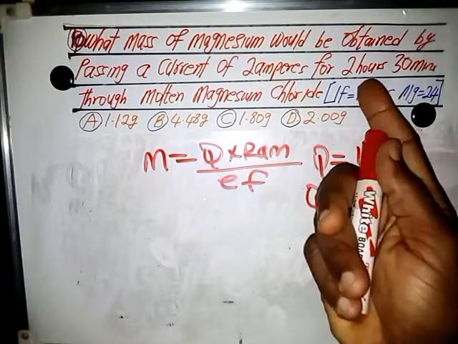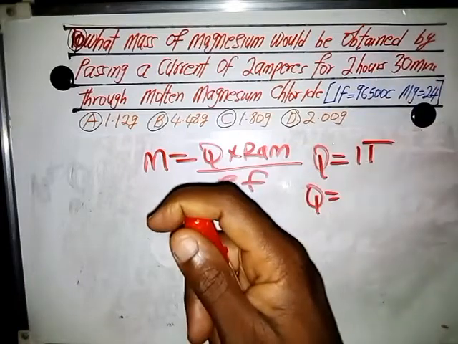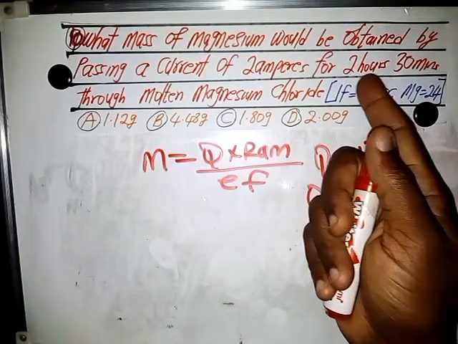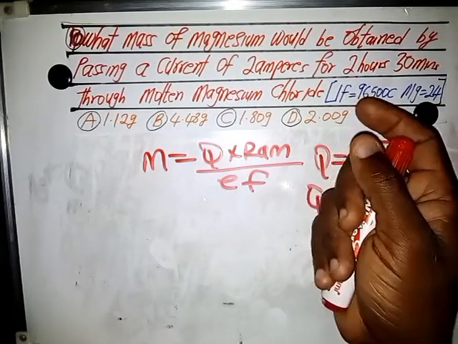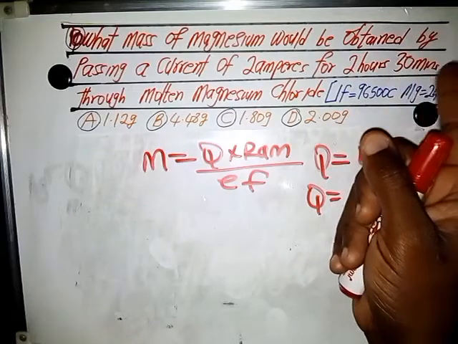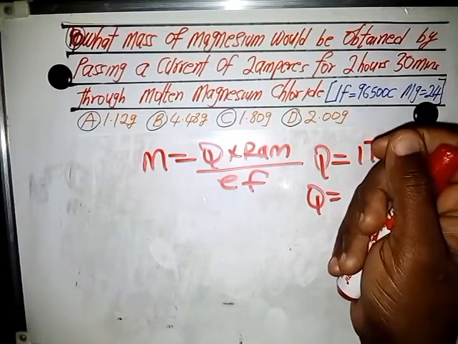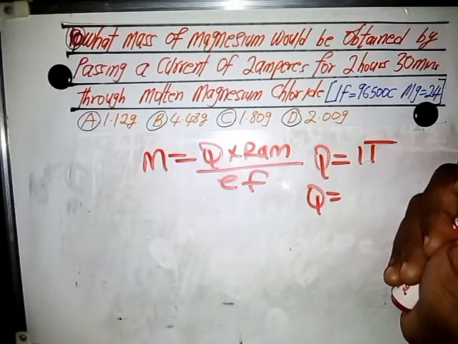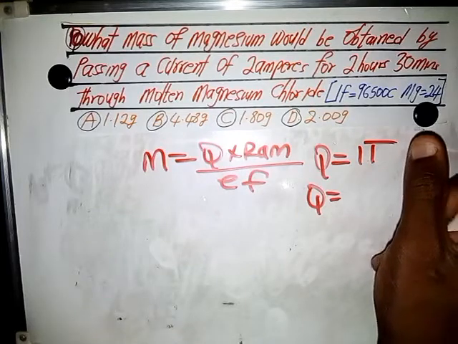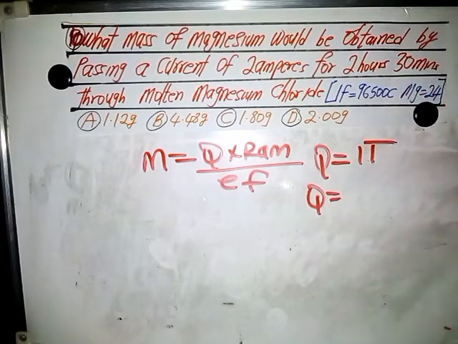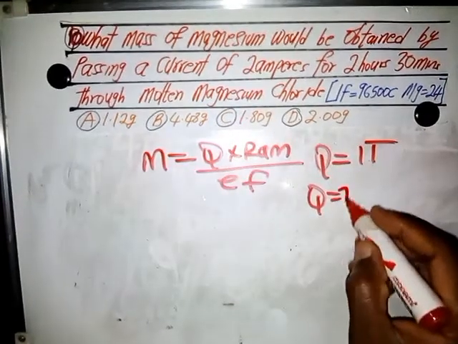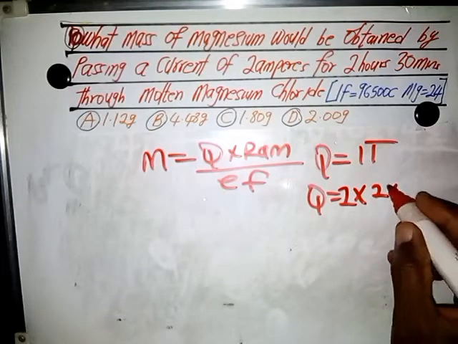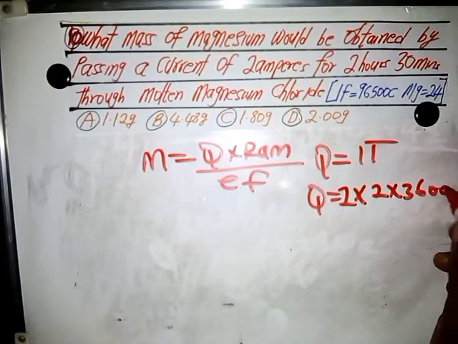The time is 2 hours 30 minutes, meaning I'm going to convert both of them to seconds. I'm going to do it like this: 2 times 3600 plus 30 times 60. Multiply this one, add it together. That's how you convert it to seconds.